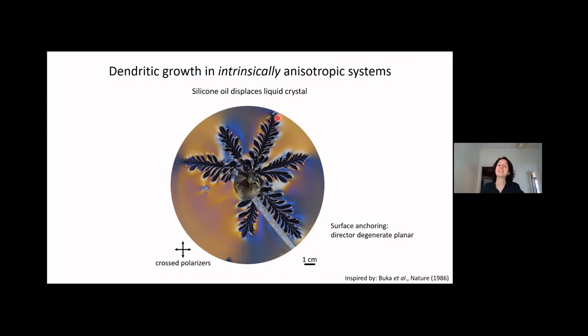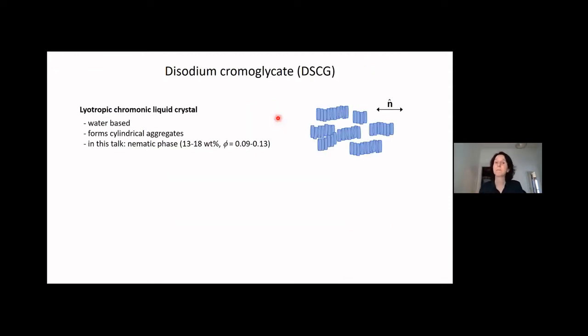So before I can tell you more about these patterns, I want to introduce the liquid crystal we are using. We use disodium chromoglycate, which is a so-called lyotropic chromonic liquid crystal. This is a class of liquid crystals which are water-based and which are composed of disc-like molecules that self-assemble into cylindrical aggregates.